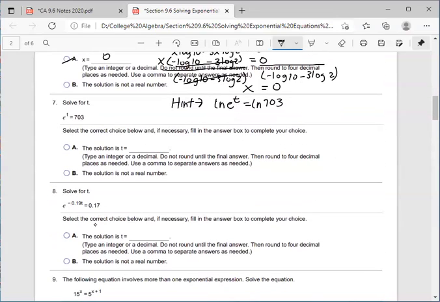I think the same thing on this one, right? Let's just do a hint. Since there's no way I can get 0.17 to be e to the something, I'm going to say, well, let's take the natural log of e to the negative 0.19t and let that be equal to the natural log of 0.17.